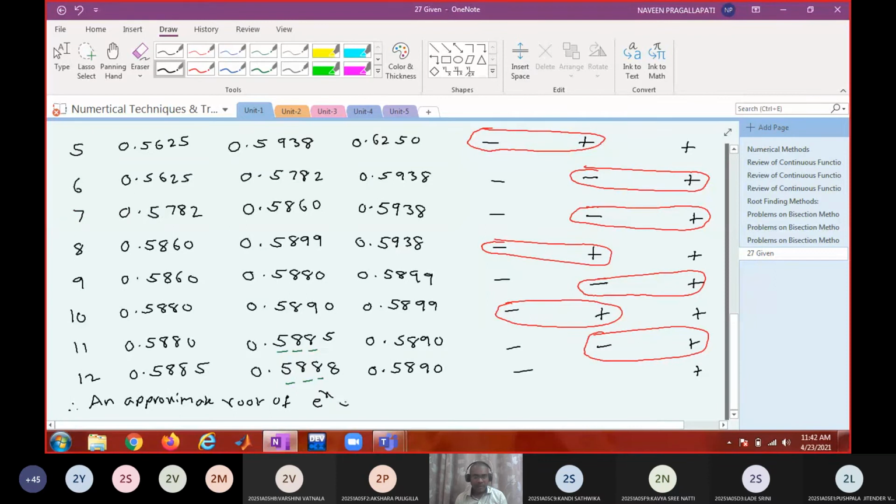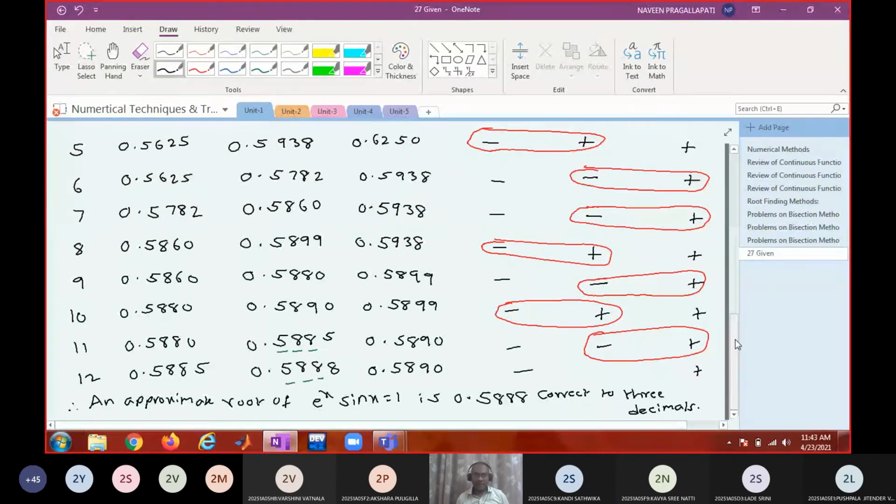The root of e power x into sin x equal to 1 is 0.5888, corrected to 3 decimals.